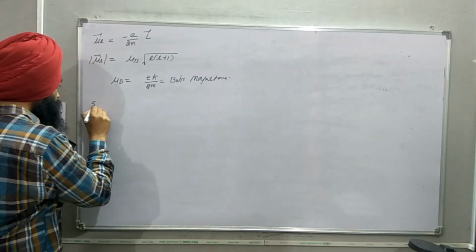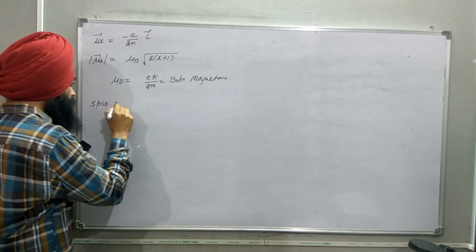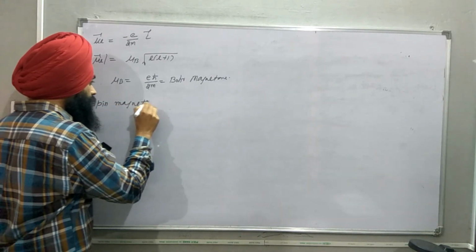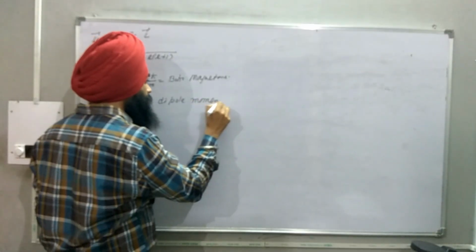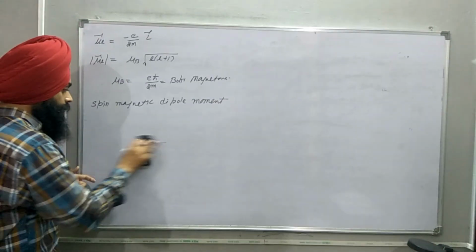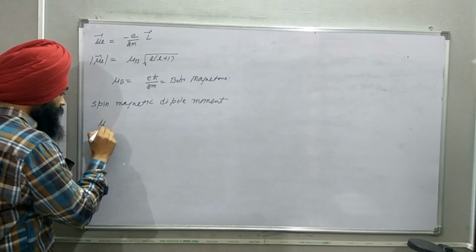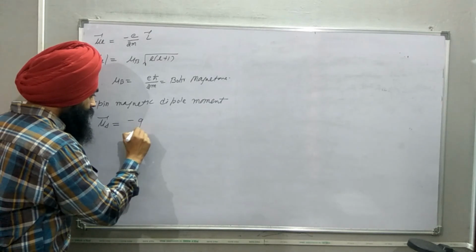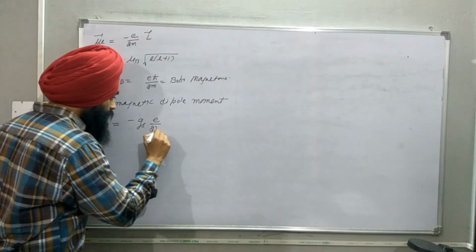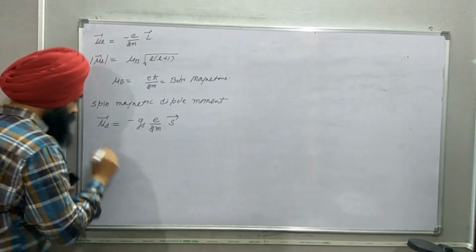Similarly, we have the spin magnetic dipole moment mu s, which is equal to minus gs e upon 2m into the S vector.